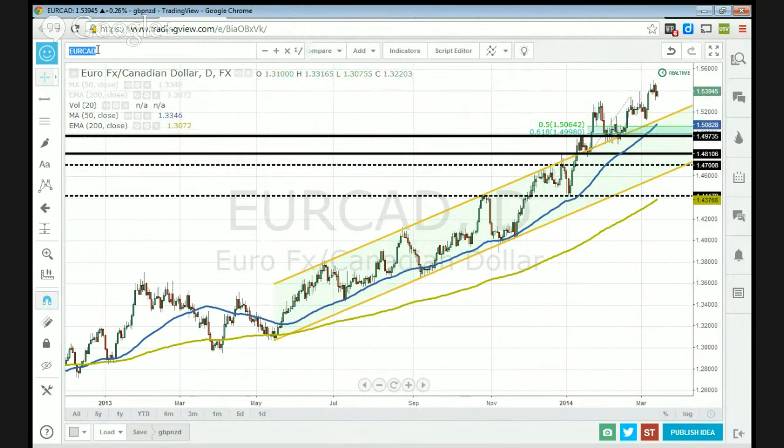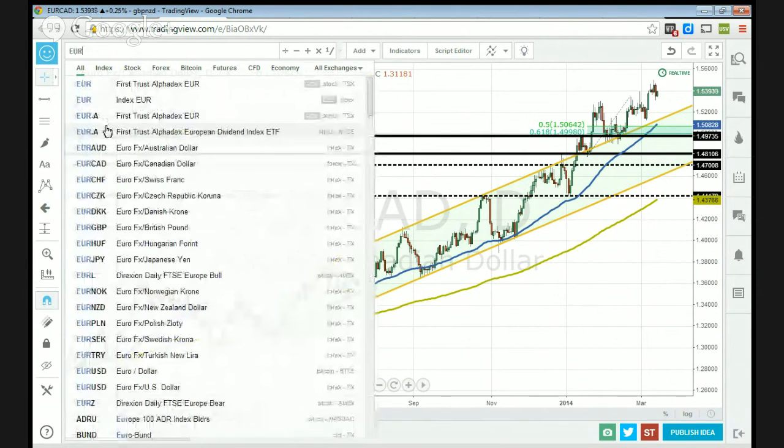So still waiting for more of a pullback. It's a great uptrend on the Canadian dollar, or on Canadian dollar pairs, except the yen. Great trend we're seeing. So it's just a matter of getting the dip that we need to buy. That's been the story in Canadian dollar for quite some time.